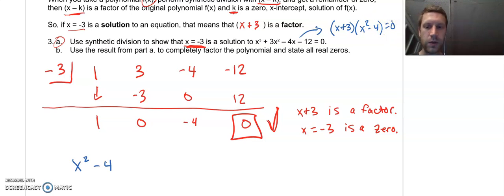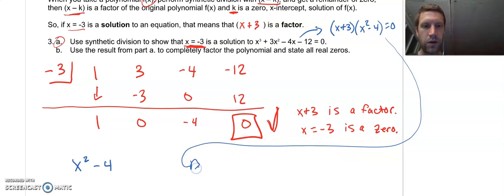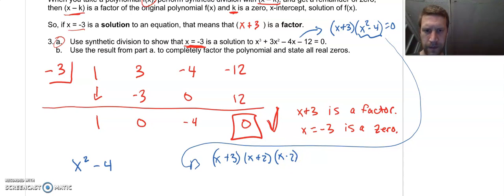So I can set that equal to 0. Let's pick that workup down here. So x plus 3, I can factor x squared minus 4 as x plus 2, x minus 2. So that's the complete factored polynomial.